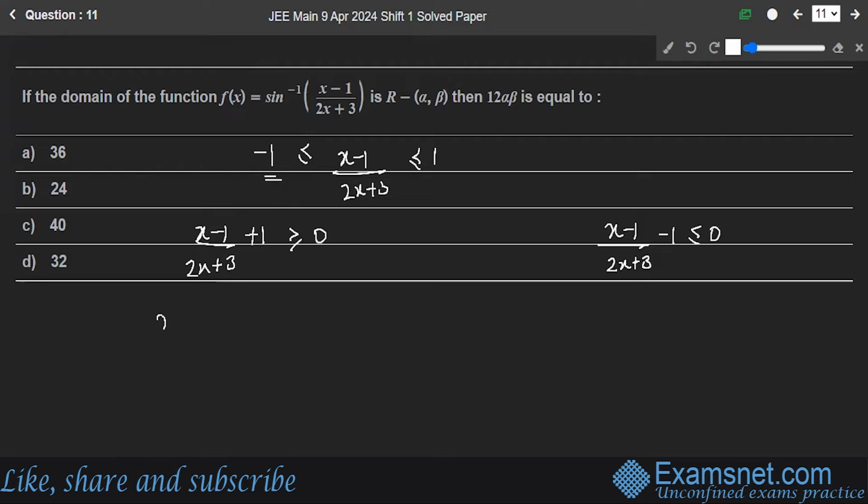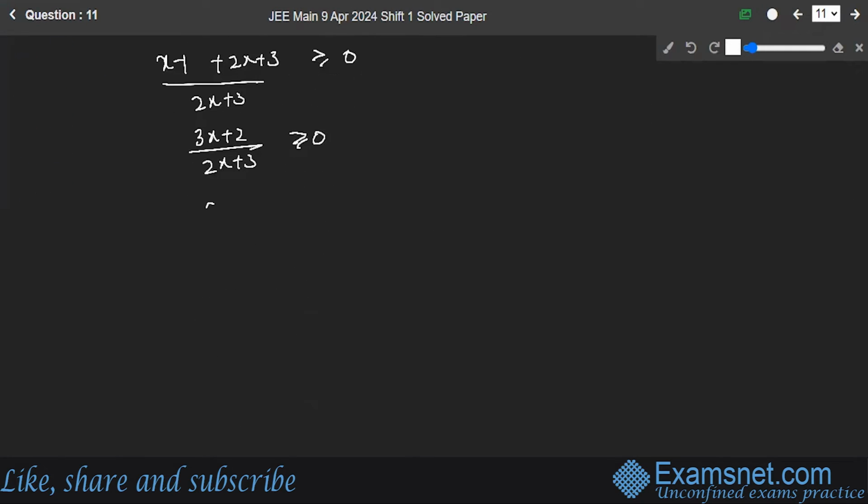Let's solve. You have (x minus 1) plus (2x plus 3) upon (2x plus 3) greater than or equal to 0. And this will give you (3x plus 2) upon (2x plus 3) greater than or equal to 0, or you have x plus 2 by 3. And I've taken this 3 outside and 2 outside.